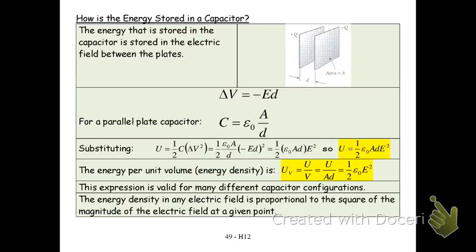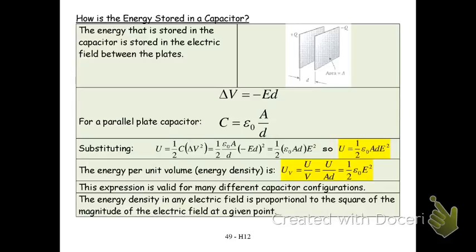Last little thing. Okay, how is the energy stored? And the energy is stored in the electric field. So we say, well, delta V is equal to E times d, and C for a capacitor equals epsilon naught A over d. I'm forgetting about the K. I'm going to say it's an air-filled system.